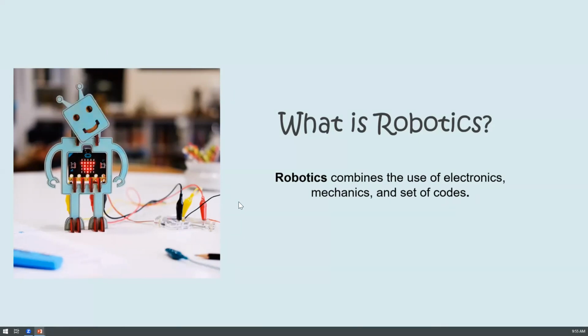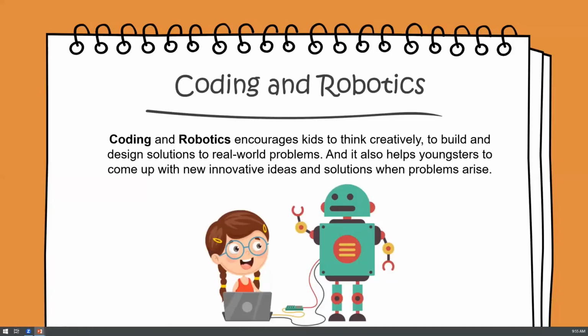The next one here speaks about coding and robotics. Coding and robotics encourages kids to think creatively, to build and design solutions to real world problems. Now you can see the robot over there, and you can also see the lady. The robot is connected to a device, which you are going to learn about today. We're going to learn to use microcontrollers.